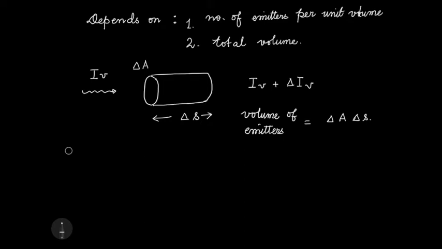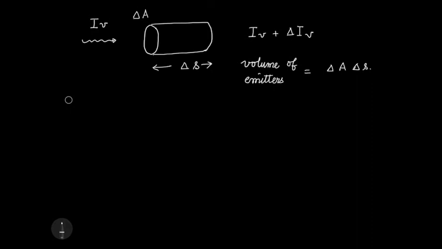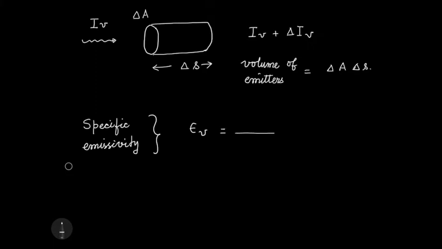Now, how much emission will happen will depend on which atomic process I am talking about and how much that atomic process gives emission in the frequency range nu to nu plus d nu. Right? So we have to define something that characterizes such processes. We call it specific emissivity, and you know why it is called specific. It is usually denoted by epsilon with suffix nu.